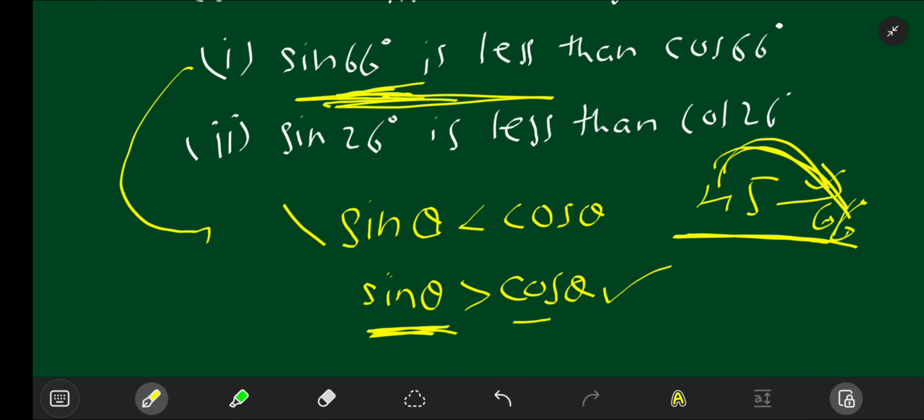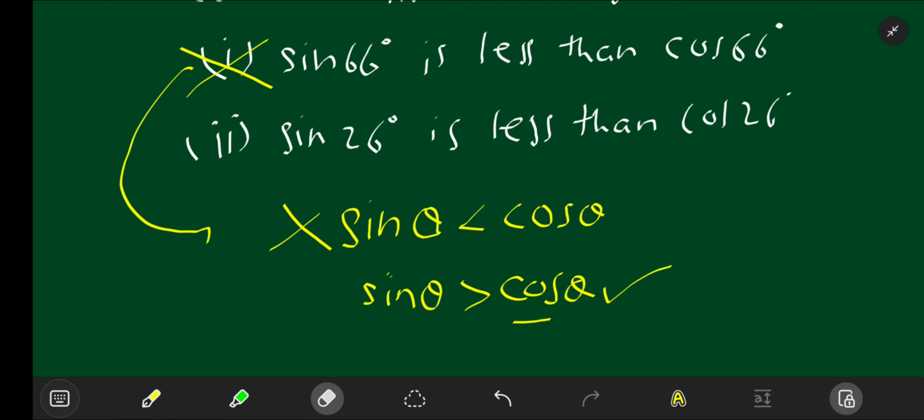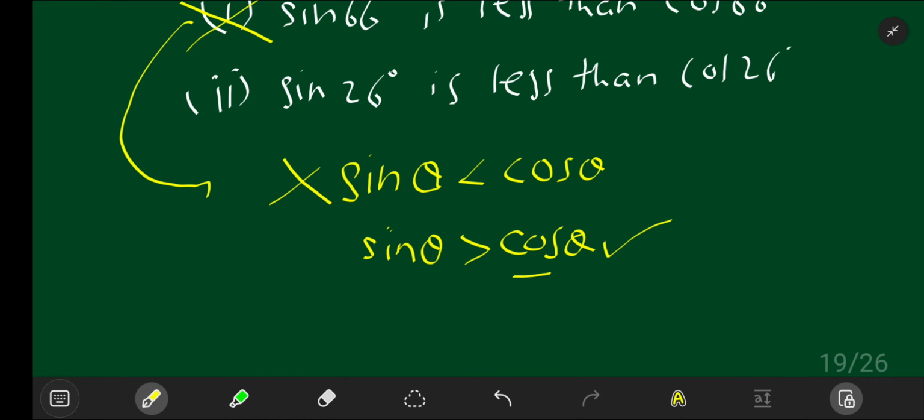So this is a wrong statement. The first statement is not correct. No need of any calculation for this question. You have to answer this question theoretically only. Okay.